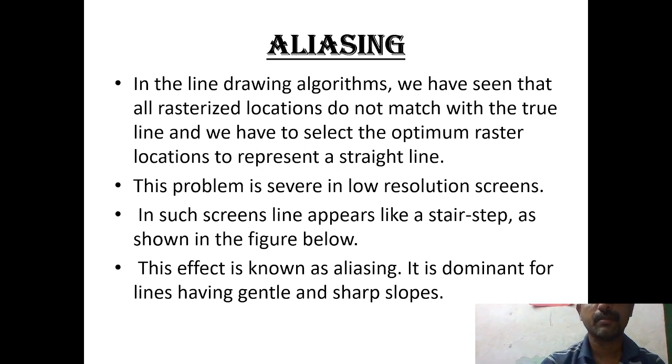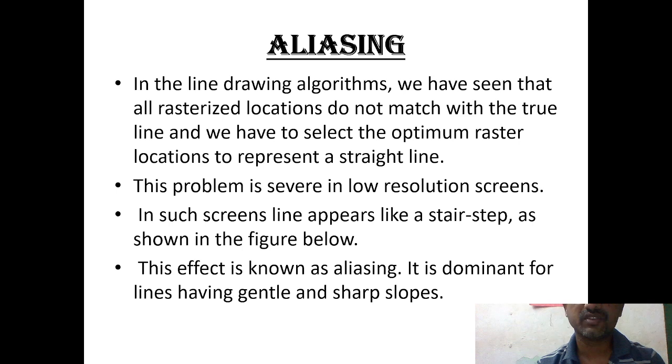Some of the pixels are above the line, some are below, some are on the borders. In that way we select the optimum raster locations, the perfect raster line, and draw the line.